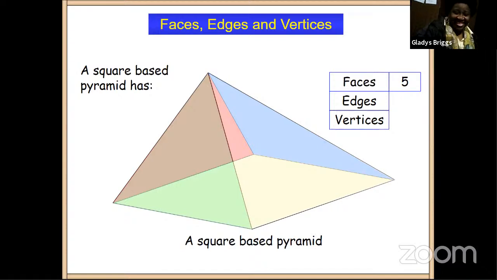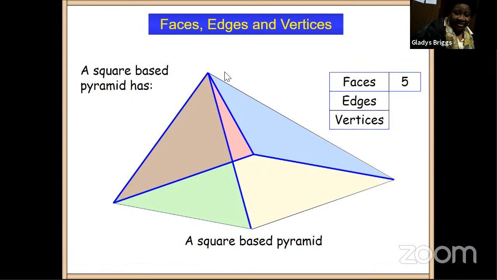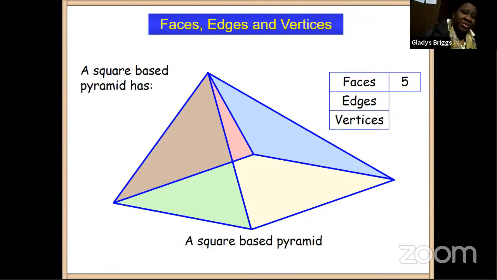How many edges? 1, 2, 3, 4, 5, 6, 7. Is it 7 or 8? 1, 2, 3, 4, 5, 6, 7, 8.